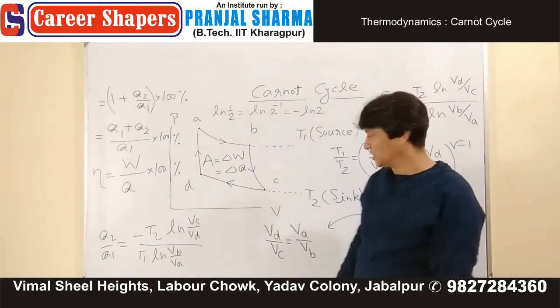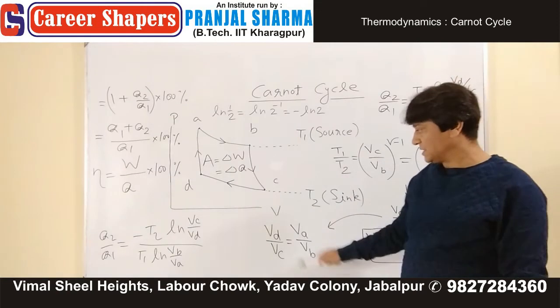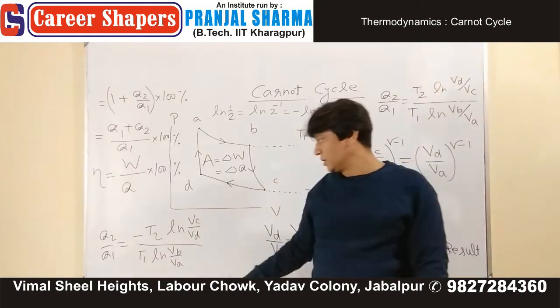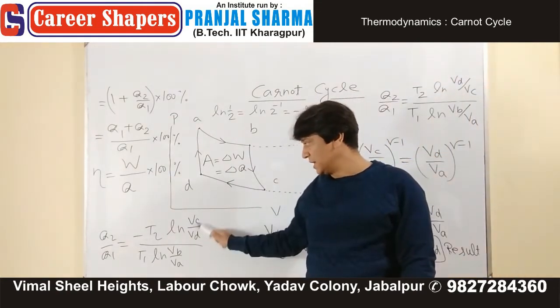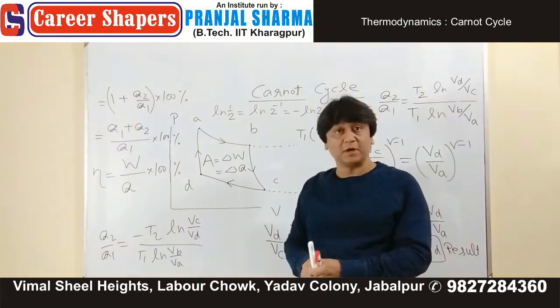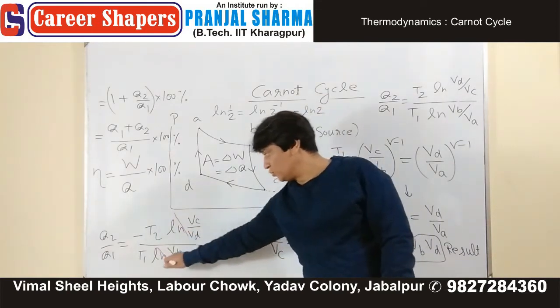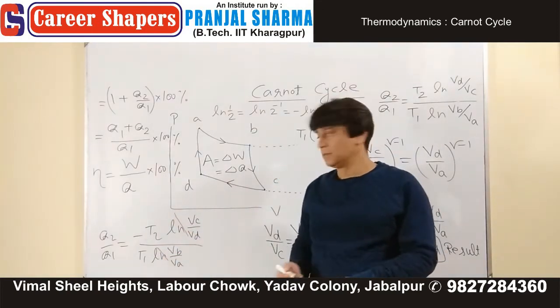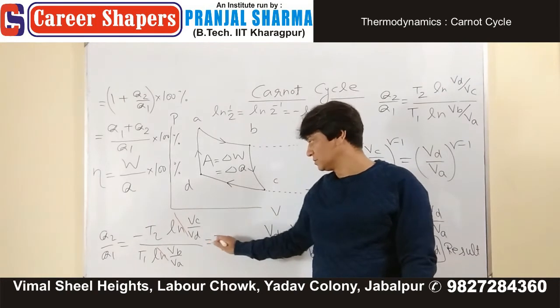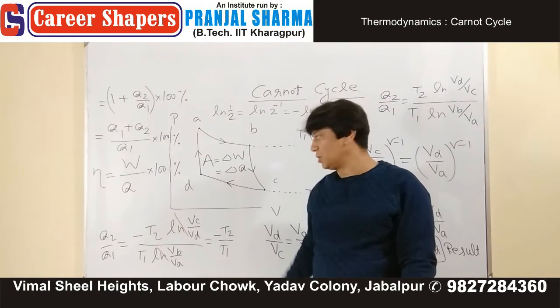And this gives us what? Since VA upon VB is equal to VD upon VC, this number and this number are now the same. And if these numbers are the same, you can cancel this term of log with this term of log. And once you cancel these, what do you get? Minus T2 upon T1.